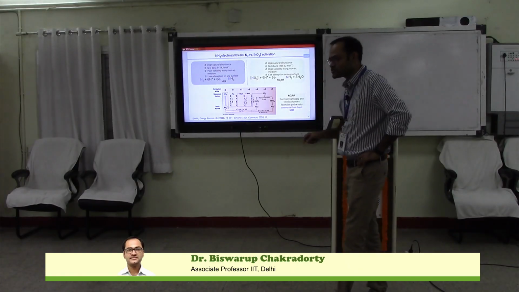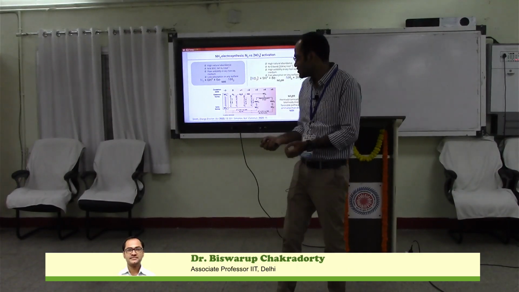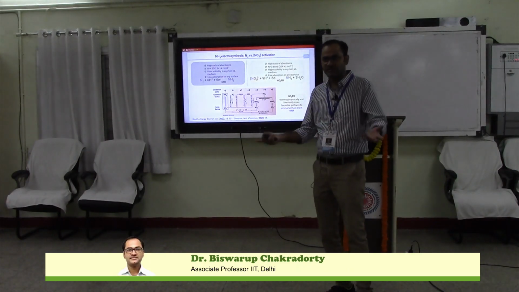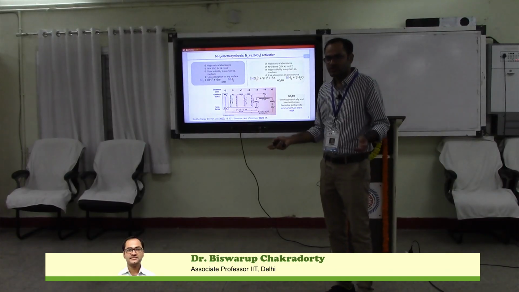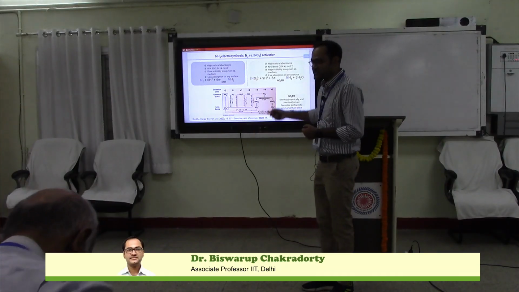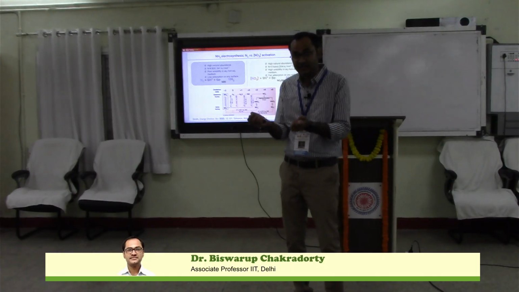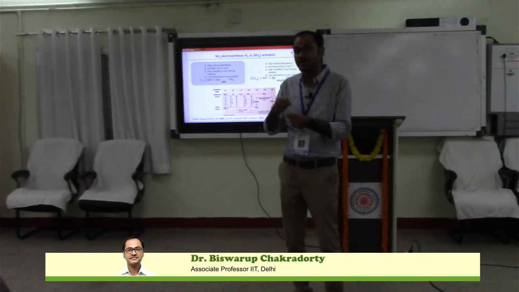On the other hand, KNO3 has a high solubility in aqueous medium. So if you want to do the reduction in solution phase, you are good. You can use nitrate and do the reduction. And similarly, since nitrogen is chemically inert, it is very difficult to get adsorbed on the catalyst surface.